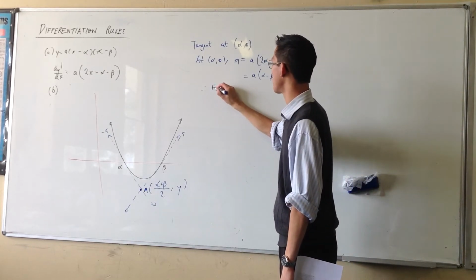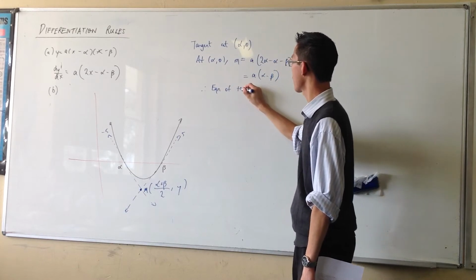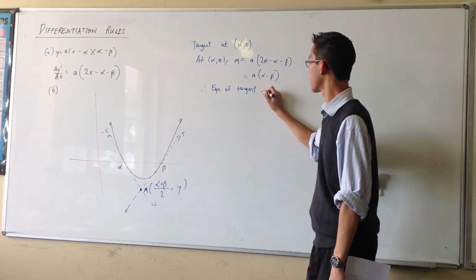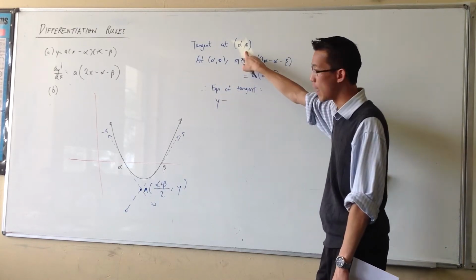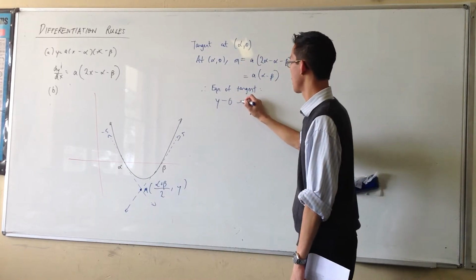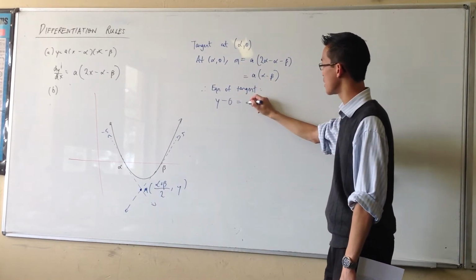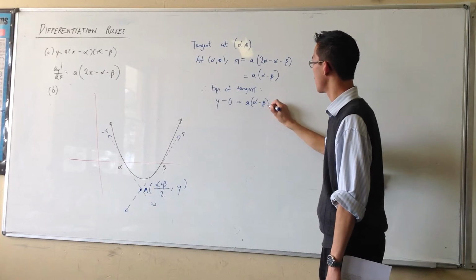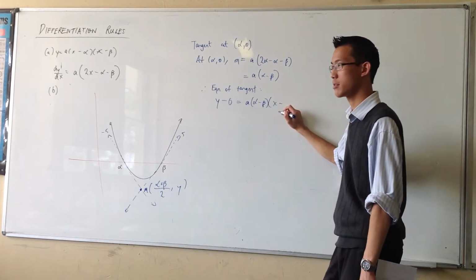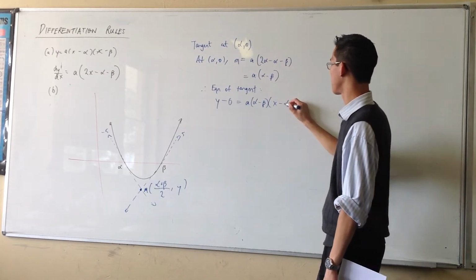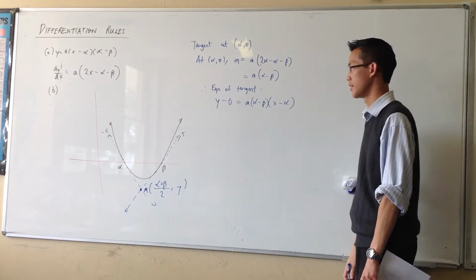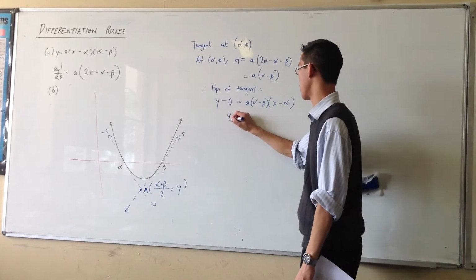So the equation of the tangent will be y minus y1, which is just 0, is equal to m, there's my gradient, outside of x minus x1, which is alpha. So I'll just get rid of that 0.